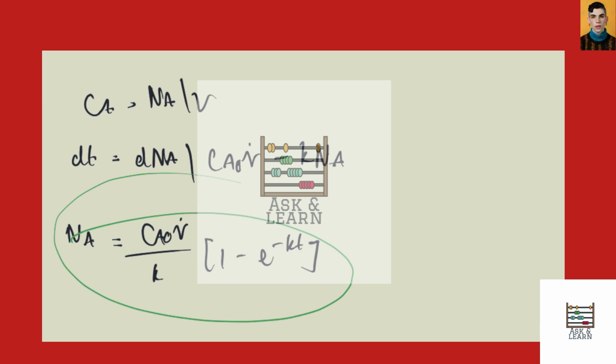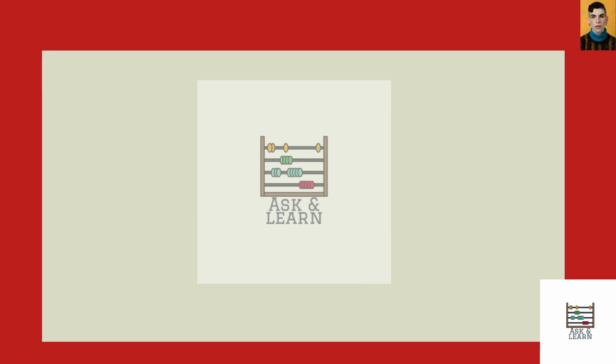Then we can substitute the value of NA from the above equation into the equation here. And this tells us that when the feed rate of A equals the reaction rate of A, then NA reaches a steady state. Whereas this is not actually possible in the real reactor because of the following reasons that we can discuss.